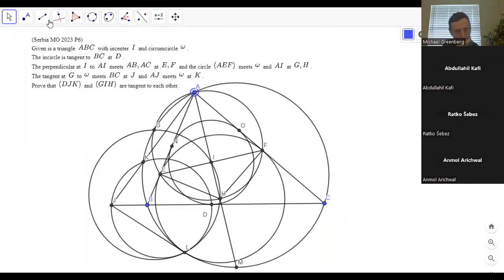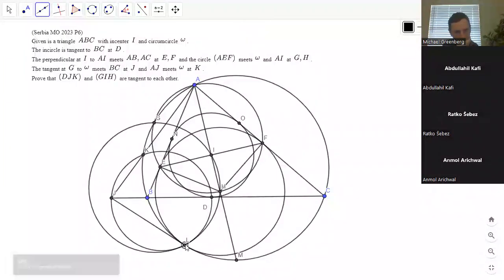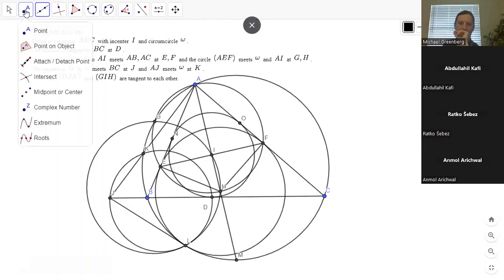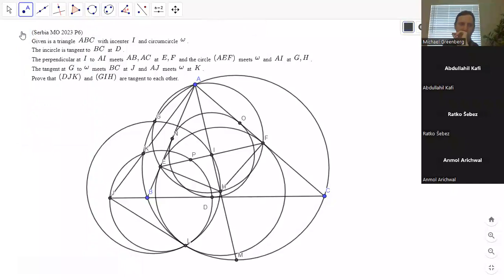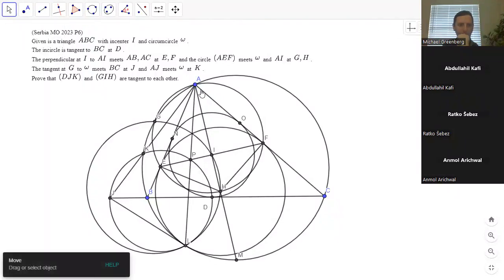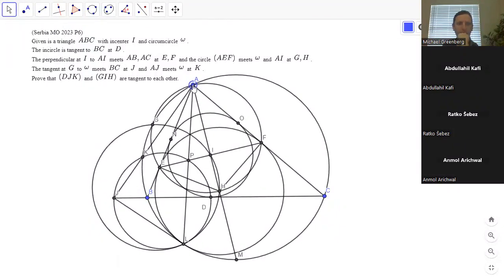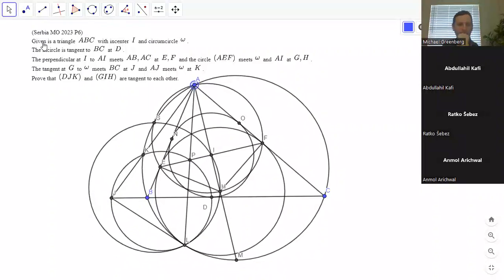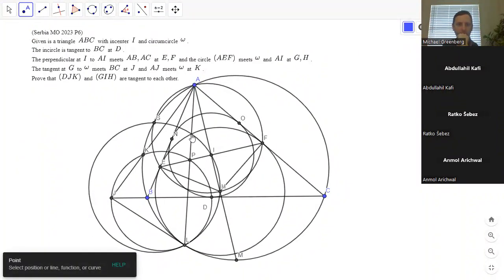Let's see what else we know. Are those collinear? Maybe L, P, and A are collinear. Looks like it. And it looks like these are also concurrent.